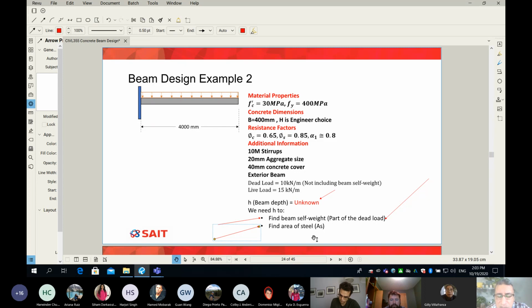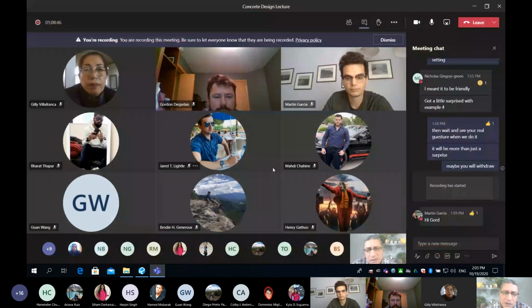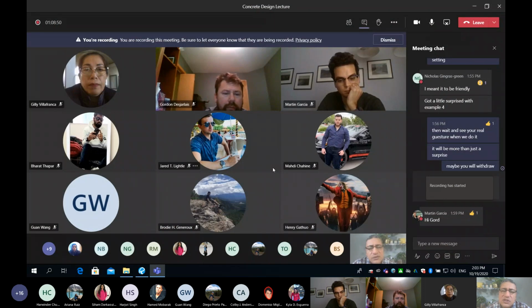If we go with a deeper beam, we need less area of steel. If I go with a shallow beam, then I need to add more area of steel. Hopefully you know why. Ask yourself, why is that? I'll say it one more time. The deeper the beam, the less area of steel we need. The shallower the beam, the more area of steel we need.